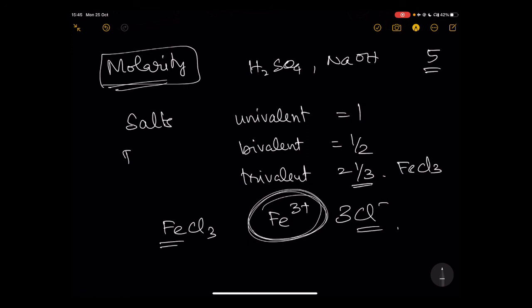This is once again coming up because of the fact, for instance, if you're taking FeCl3, FeCl3 would have come up largely because you have Fe³⁺ and Cl⁻ interacting with one another. So the trivalent ends up resulting in 3 Cl⁻ ions being present. Therefore, the 1/3 ends up coming. For the bivalent, one can think about something like barium chloride, and univalent can be NaCl.